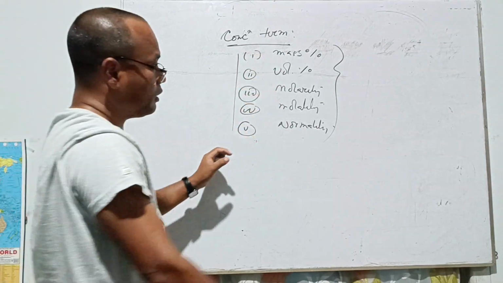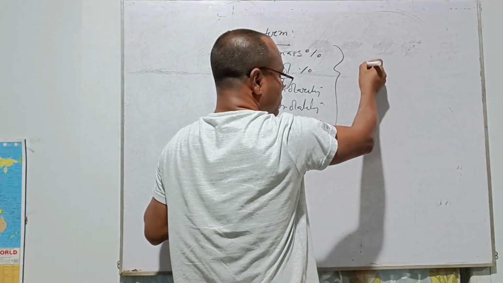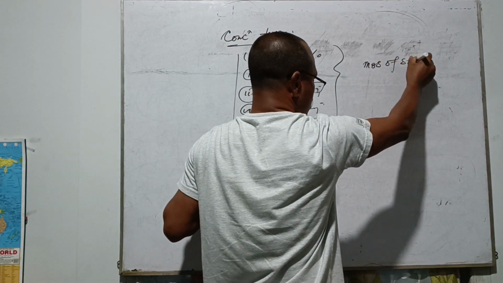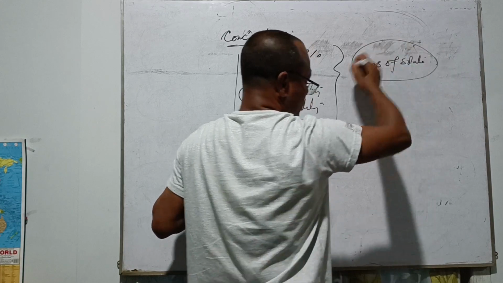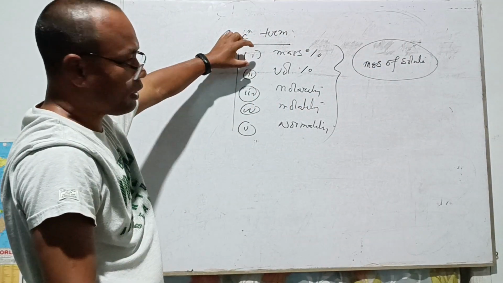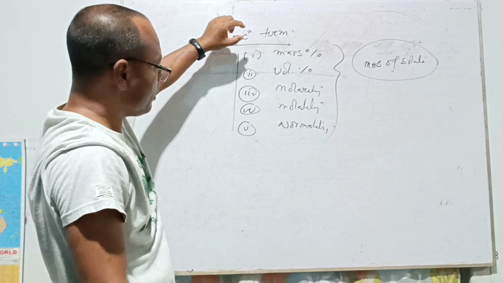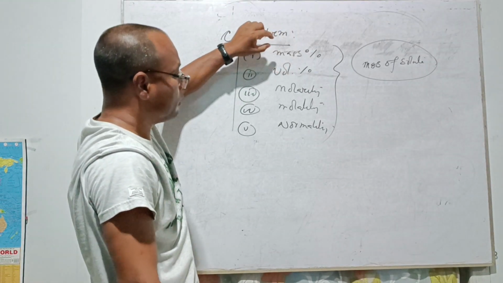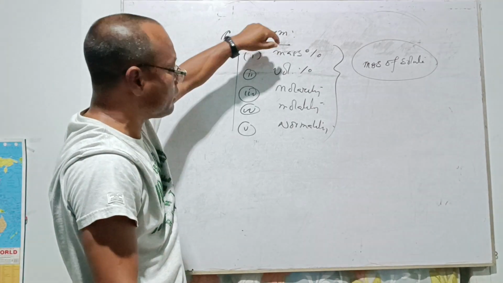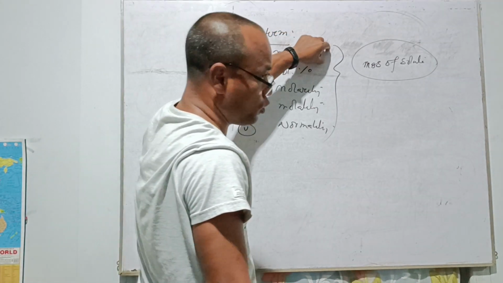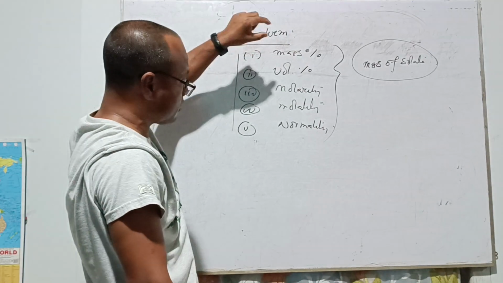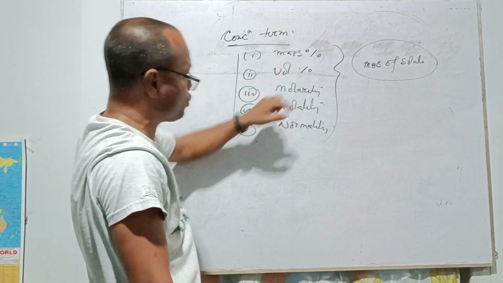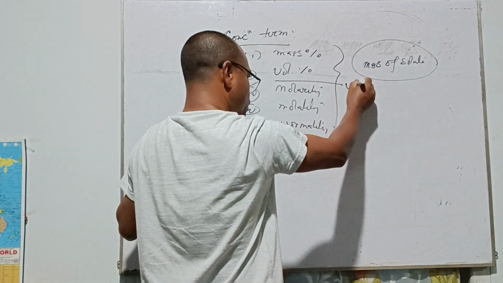One common thing is the mass of solute. But in some cases, like mass percentage, what is present is the mass of solution. Volume percentage, what is there is the volume of the solution.